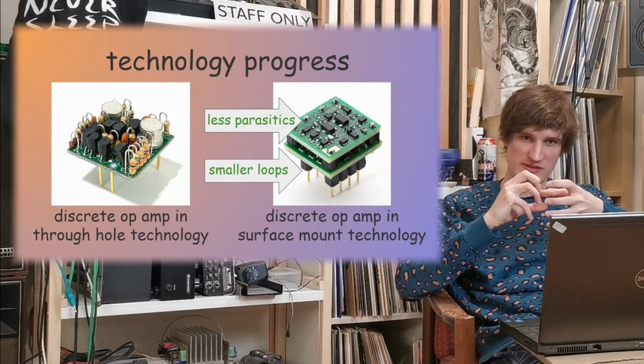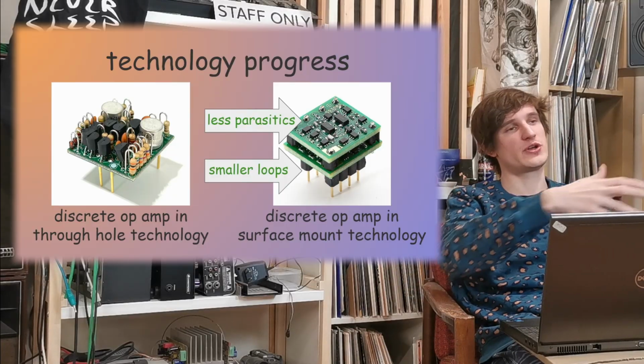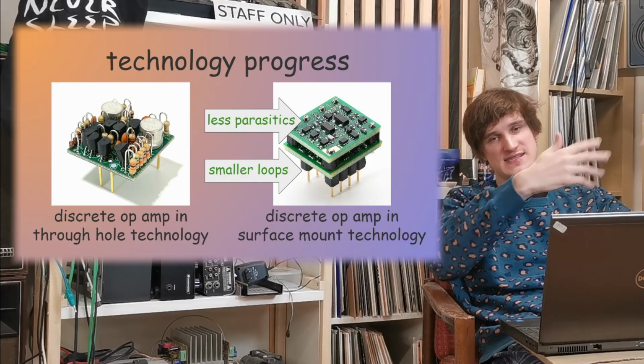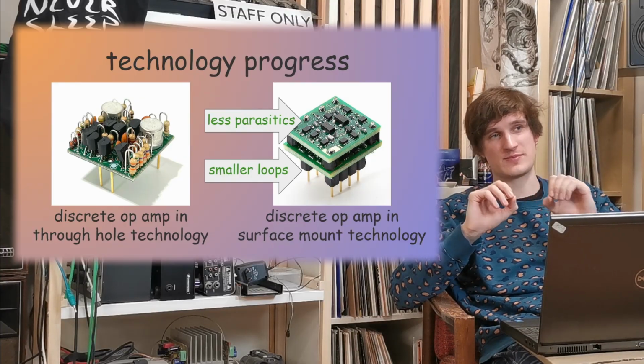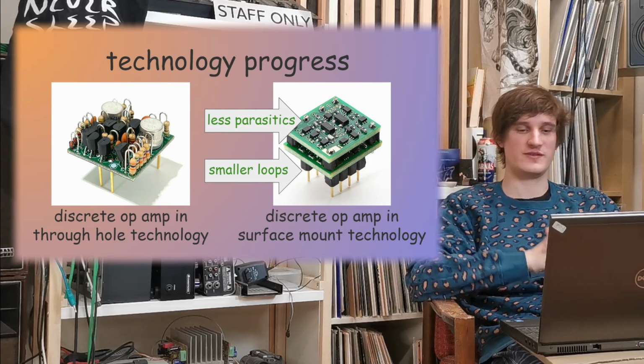So when we speak about higher immunity to electromagnetic interference, you want to use SMD components, keep the loops small, and basically squeeze the design. Thanks to this, it will not only receive less interference, but also in some cases emit less interference.